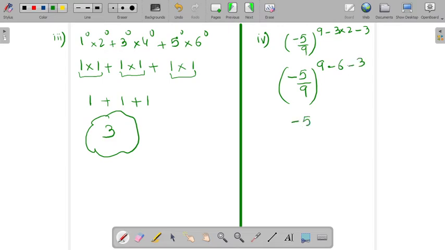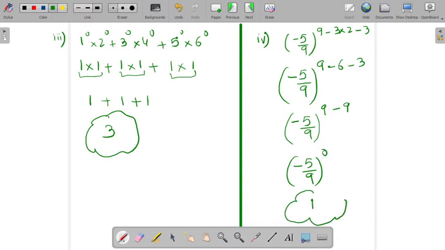So minus 5 by 9. What should be next step? 9 minus 6 minus 3. So minus 9. So minus 5 by 9 power 0. So anything power 0 is 1. So this is having 1 as the answer.